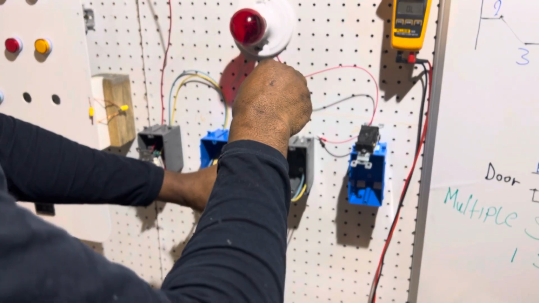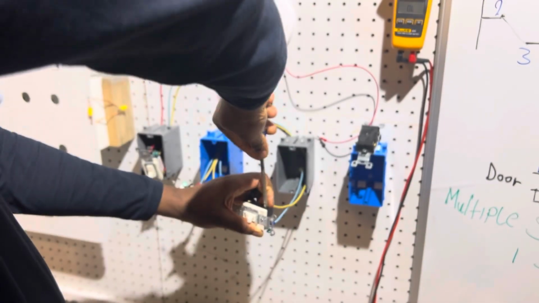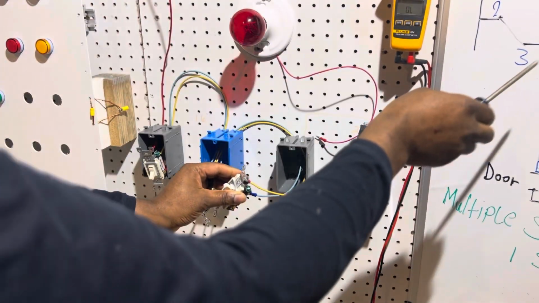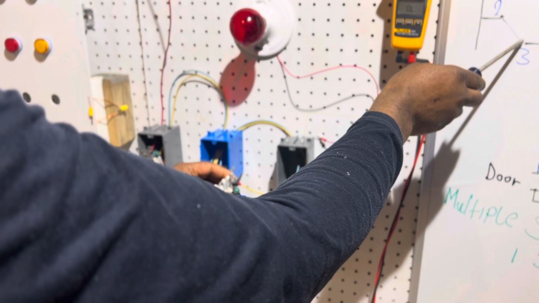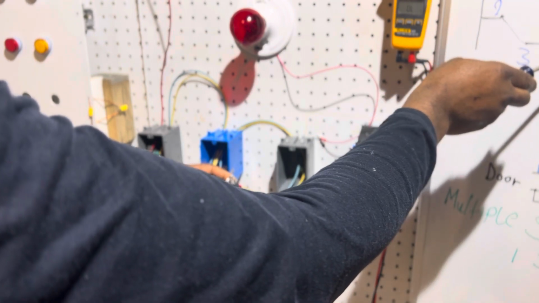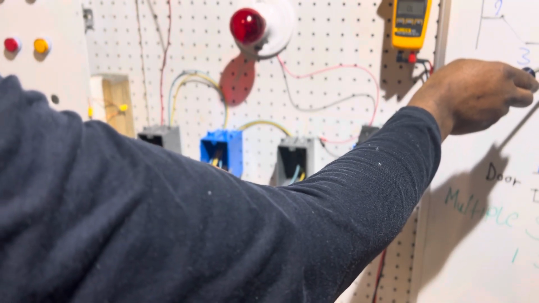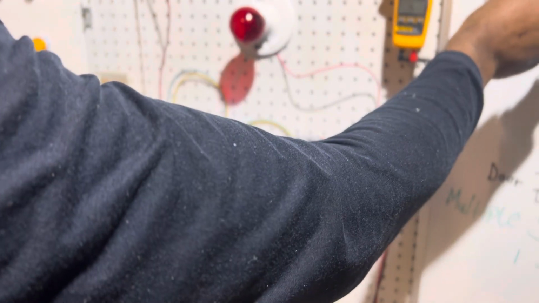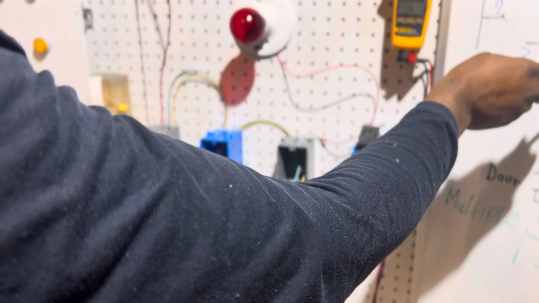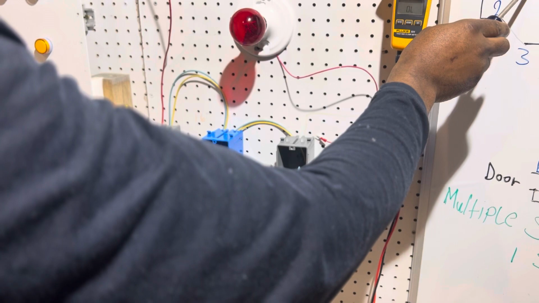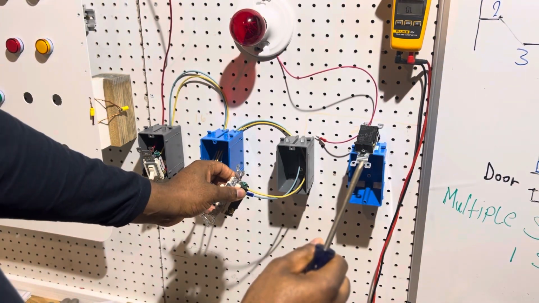Guys, if you mess up with this, if, say for example, you take this wire that's supposed to connect on this and connect it on there, or you take that wire and connect, my bad.